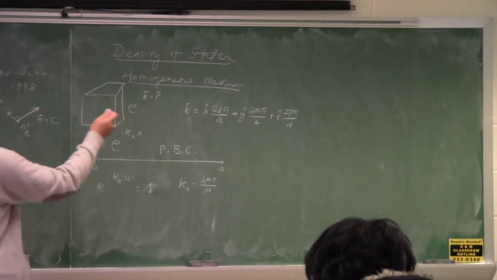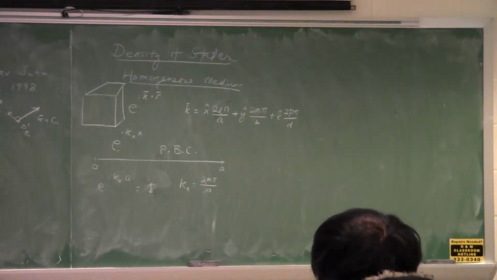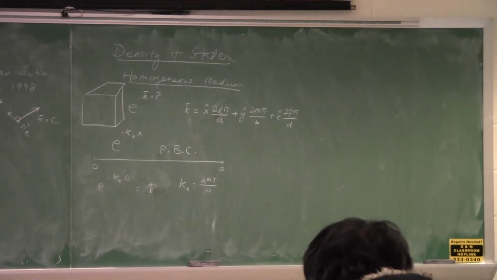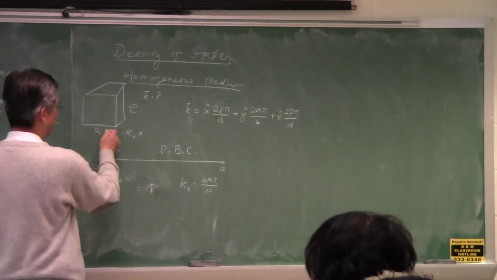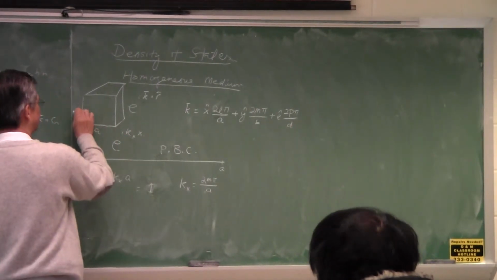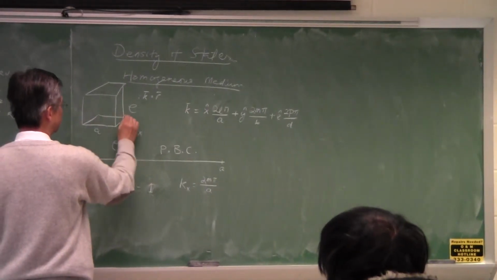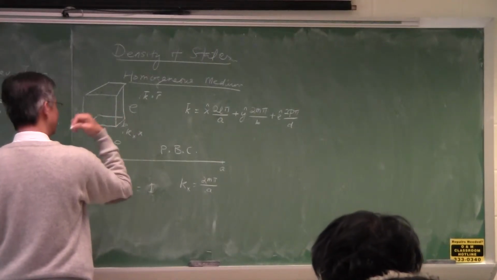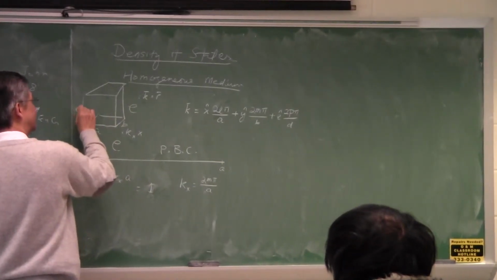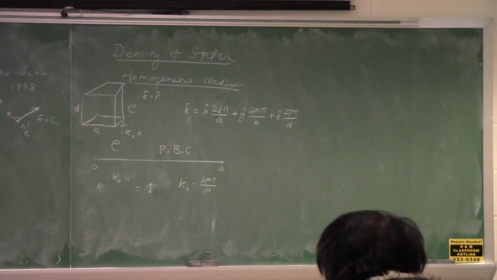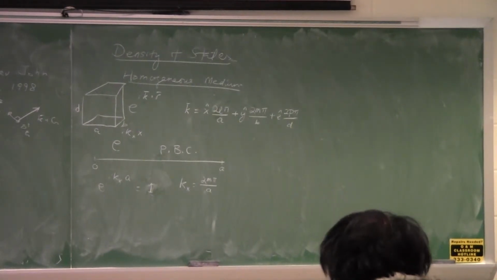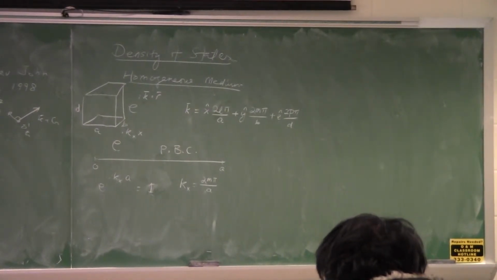Instead of solving this in an infinite medium, I solve it in a box. The box is confined to be a in the x direction, b in the y direction, and d in the z direction. If you solve this as a periodic boundary condition problem, all my k vectors become countably infinite. There will be infinitely many k vectors, but I can count them.